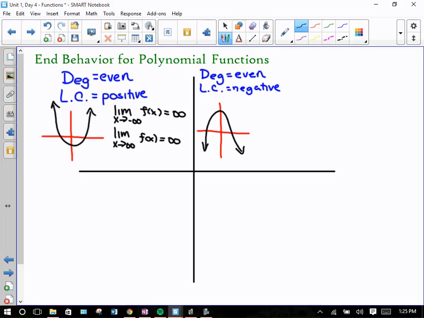It may look entirely different in the middle. There may be a bunch of terms, there may be who knows what, but the ends will look like this. Your end behavior will be the limit as x approaches negative infinity of f of x equals negative infinity, and the limit as x approaches positive infinity of f of x equals negative infinity. Okay?